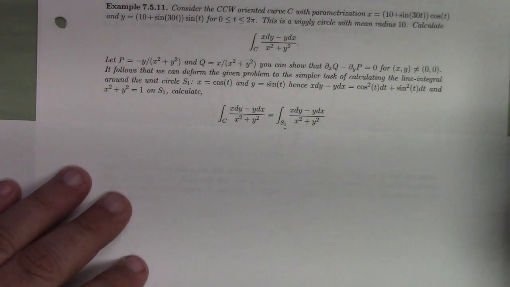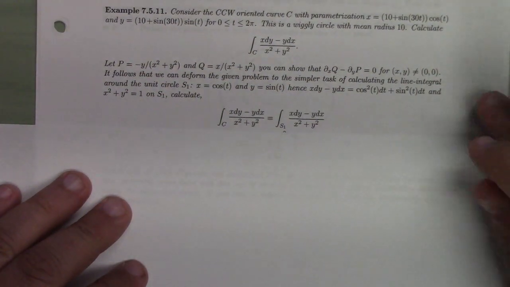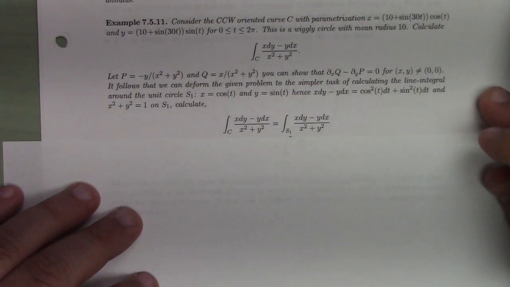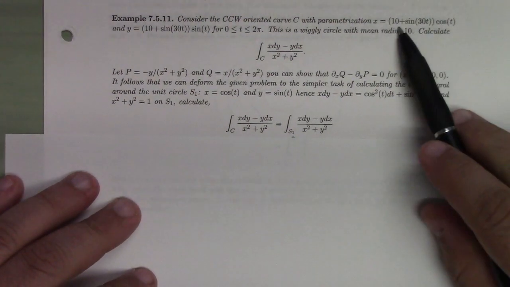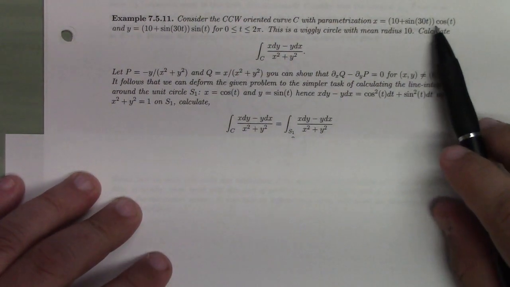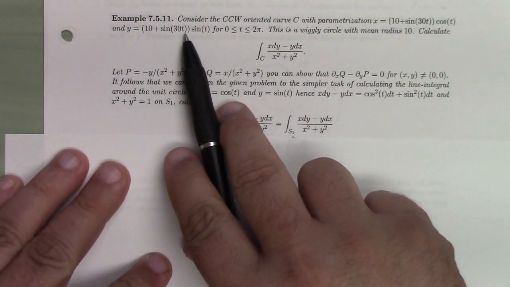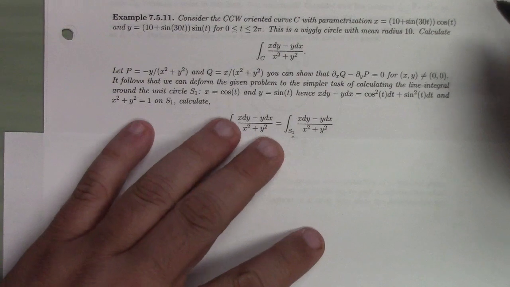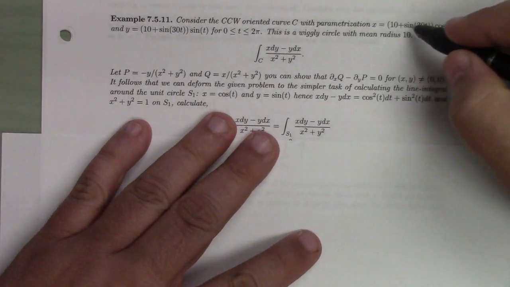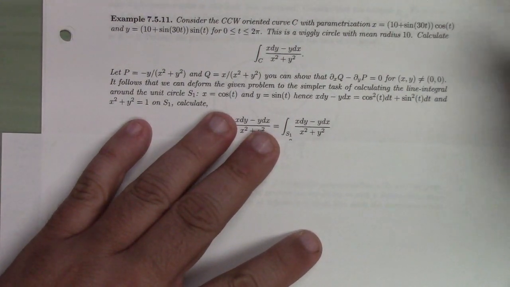So if you consider the counterclockwise oriented curve with parameterization x is 10 plus sine of 30t times cosine t, and y is 10 plus sine of 30t times sine t. What's going on here is I'm modulating the radius of a circle essentially.